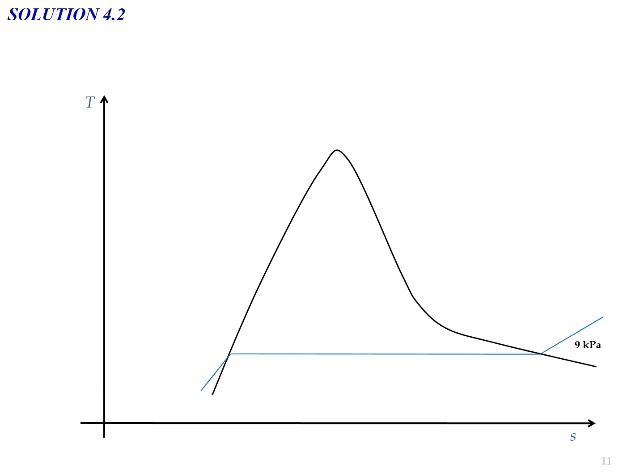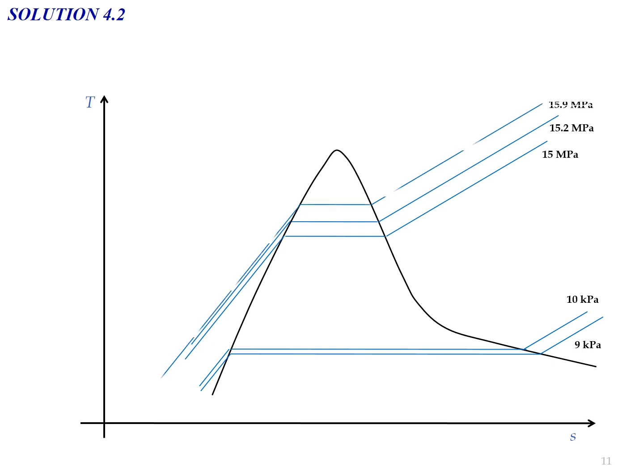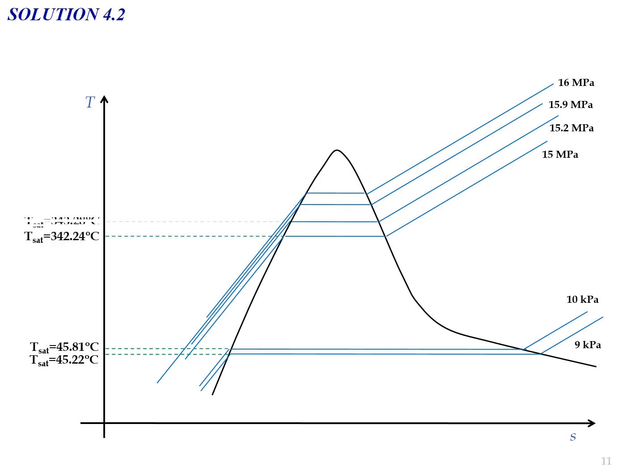So we have constant pressure lines for 9 kilopascal, 10 kilopascal, 15 megapascal, 15.2 megapascal, 15.9 megapascal, and also 16 megapascal. Then you need to determine the saturated temperature for each constant pressure line, as we already calculated in the previous slide.